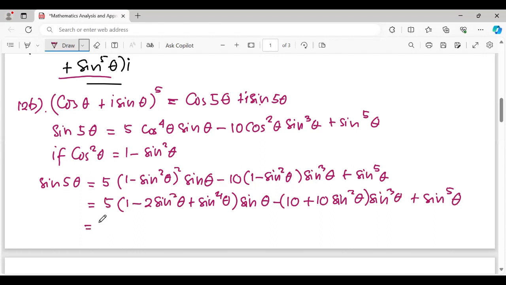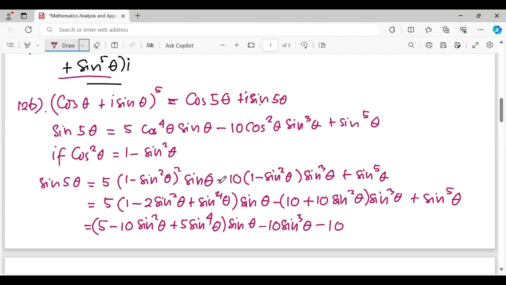After that, multiply: 5 minus 10 sine squared theta plus 5 sine to the power 4 theta, times sine theta, minus 10 sine cubed theta minus 10.